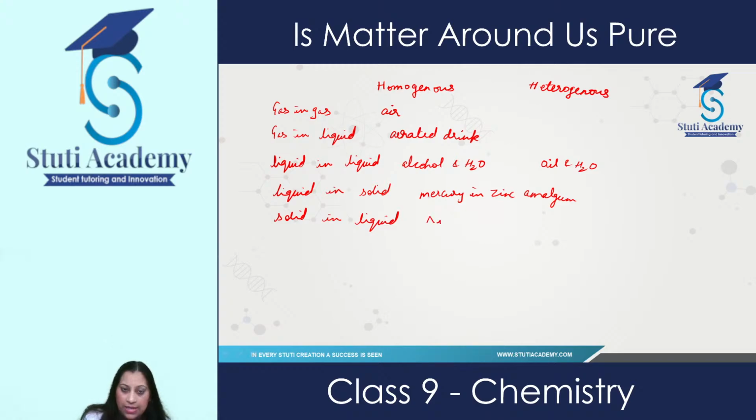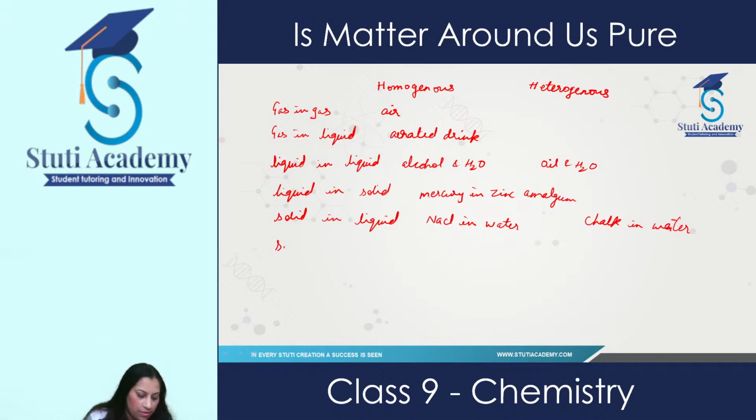Like NaCl, that is sodium chloride, salt, in water. And a heterogeneous example is chalk in water. When you mix chalk in water, you can easily see the boundary of chalk because it cannot dissolve in water. So you can easily see the boundary of chalk and water. That's why it's an example of heterogeneous mixture.